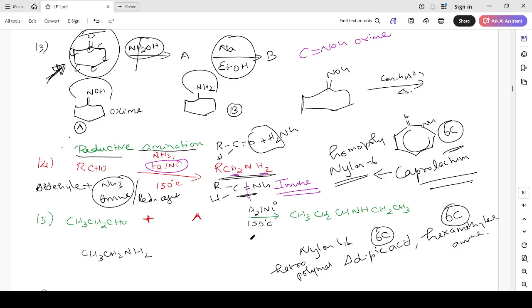Ma'am, which forms imine, ma'am? I didn't see it properly. C double bond NH, this compound is called imine. You form imine by reacting an aldehyde with ammonia or even an amine. Anything could react. So you treat the aldehyde with ammonia and remove water.